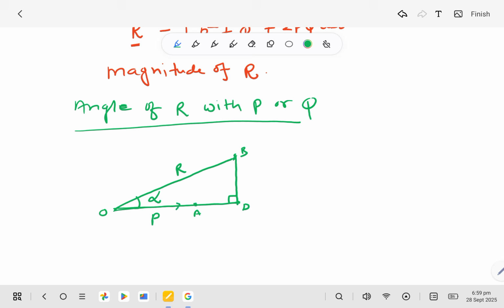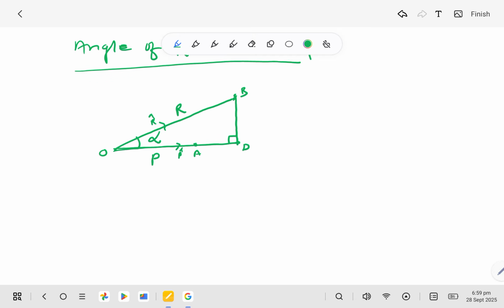So this is P, this is R cap, this is P cap. So now use again the triangle, law of the triangle, OBD.